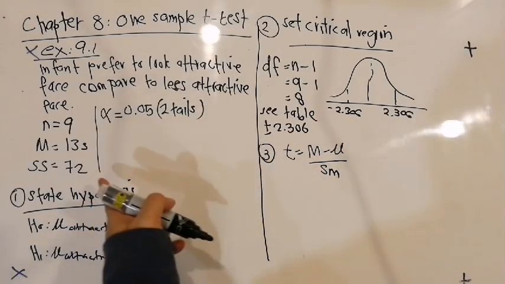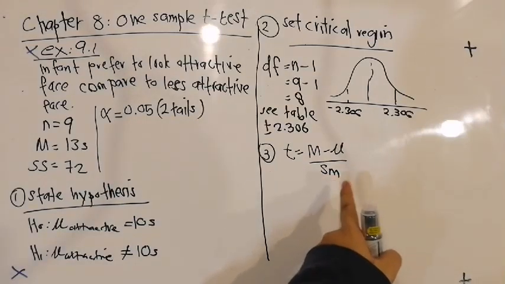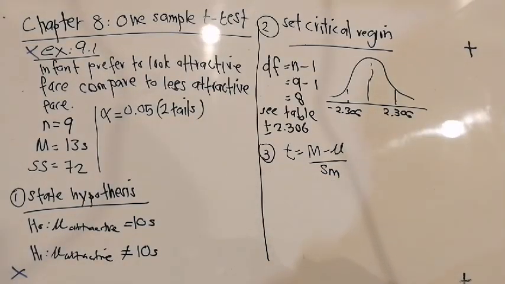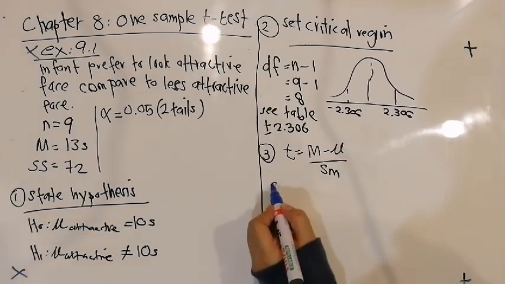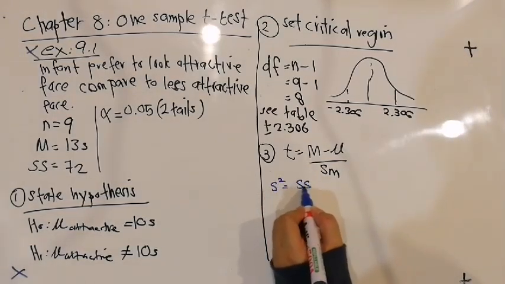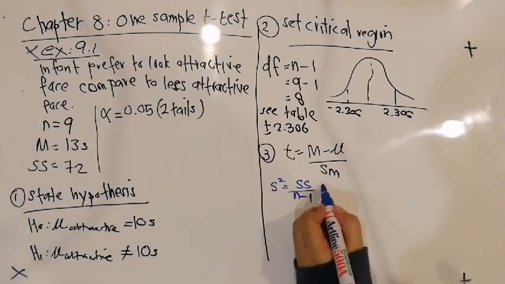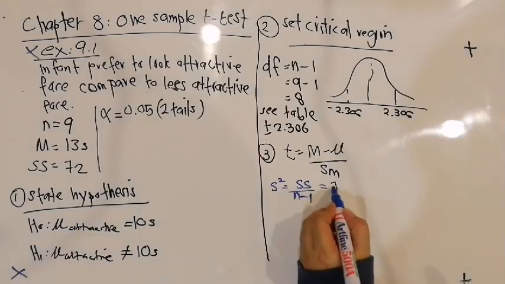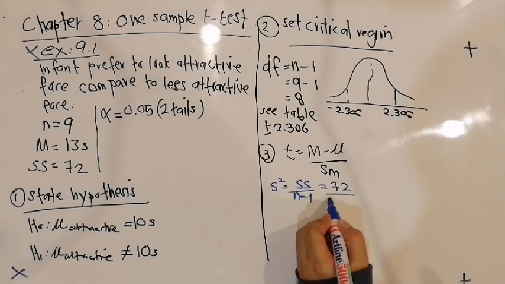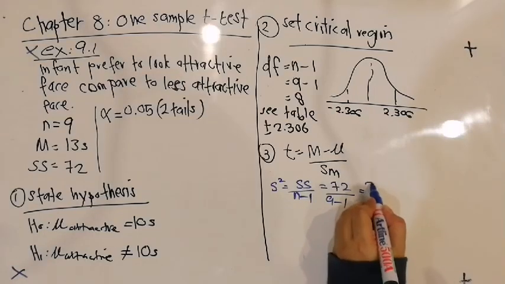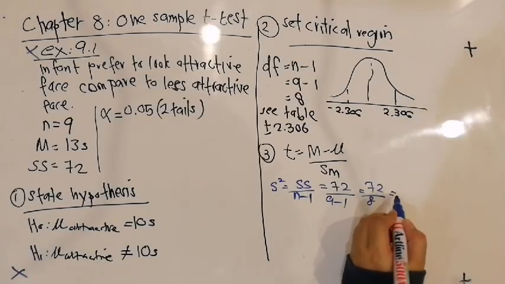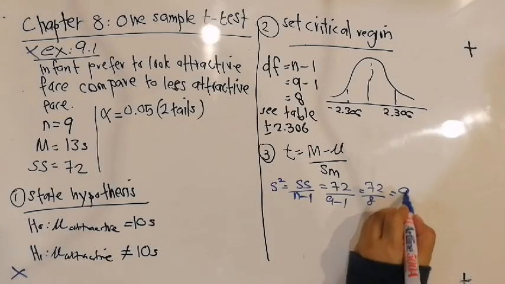Now they didn't give us sM, so we have to find s first. Do you remember the formula for s? Or we just go through s squared. s squared equals SS over n minus 1. So SS is 72 over 9 minus 1, 72 over 8 equals 9.